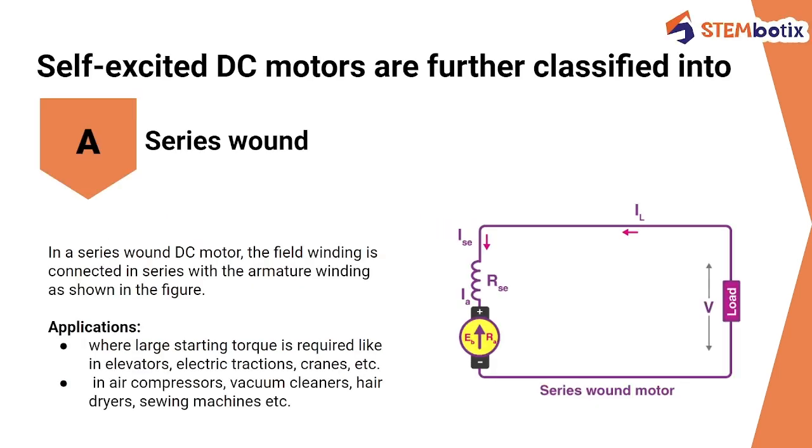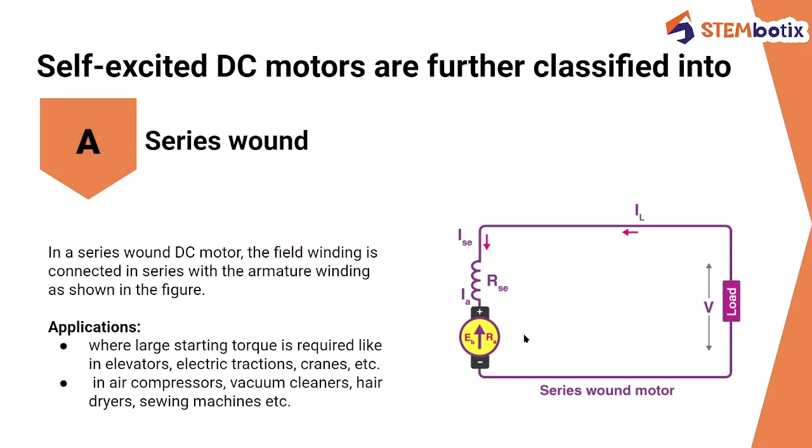So let's first see the A type, which is series wound. As the name suggests, the field winding is wound in series. In a series wound DC motor, the field winding is connected in series with the armature winding as shown in the figure.